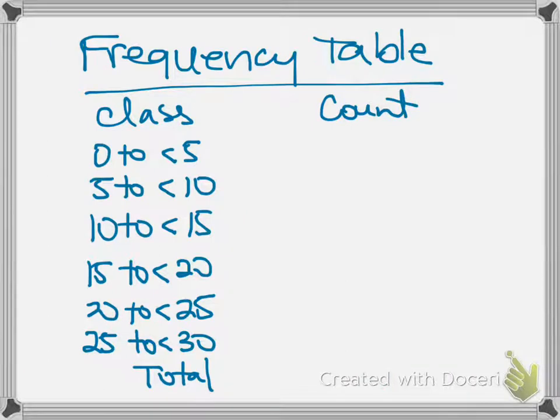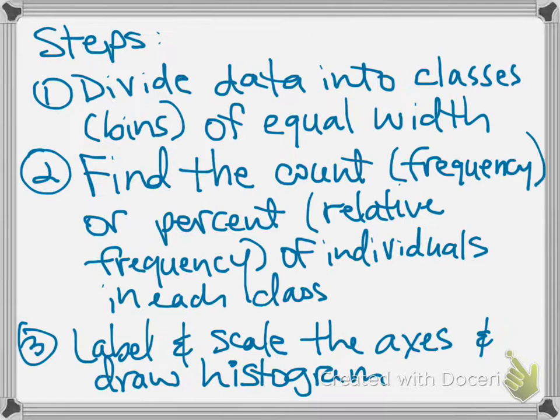Let's go ahead and fill in this frequency table. Sorry about that. We are going to do step number 2, actually. We're going to find the count, that's the frequency, of the number of individuals in each class. So that's basically what I was doing before.